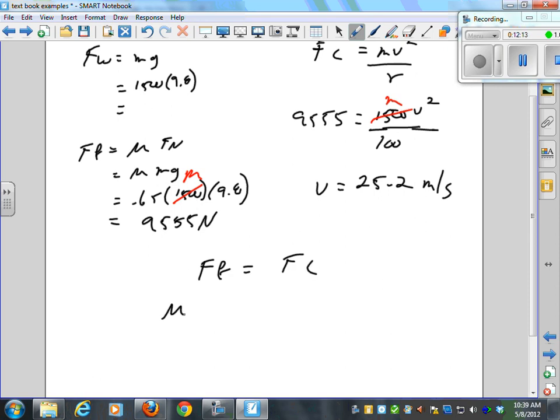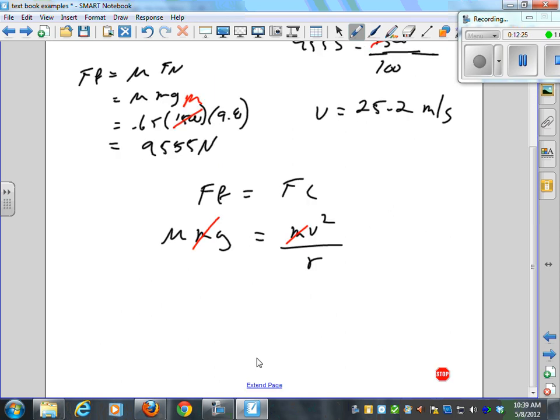So mu mg is equal to mv squared over r. Cancel the masses. Solve for V. That would be mu gr is equal to V squared. So V equals the square root of mu gr. Okay, let's see if this works.